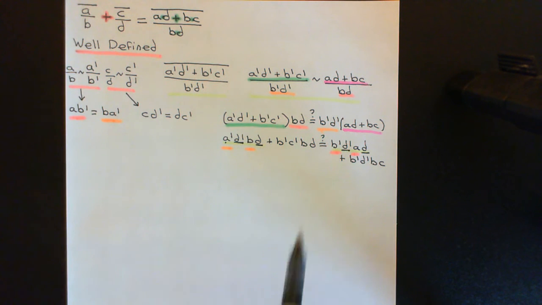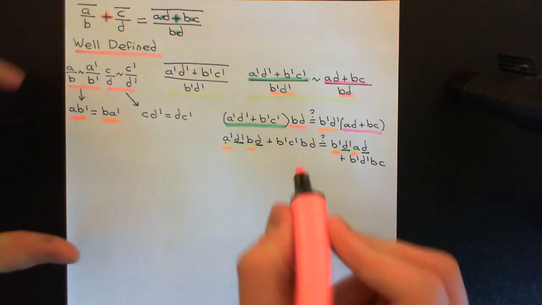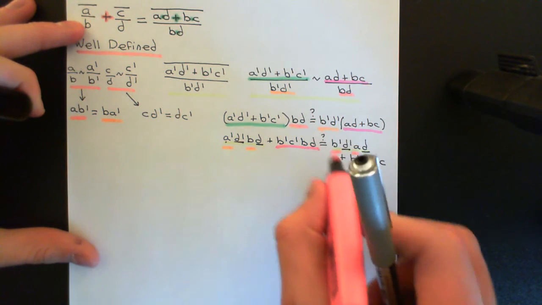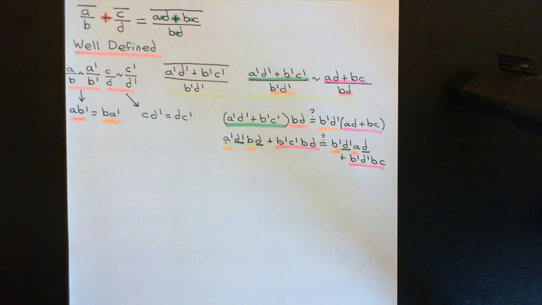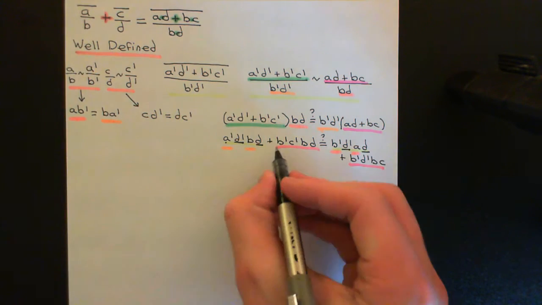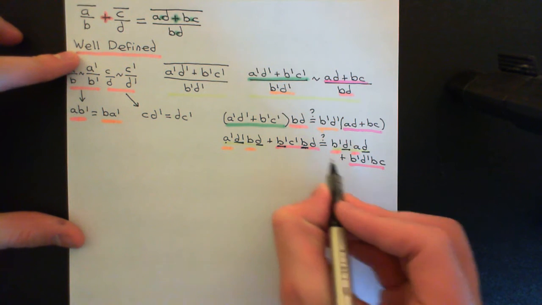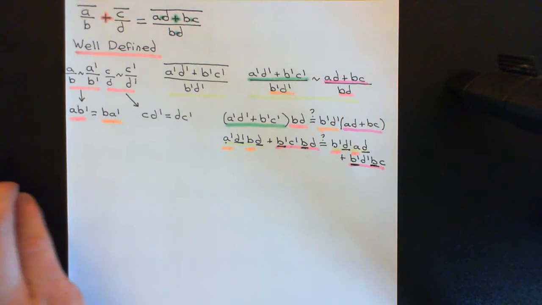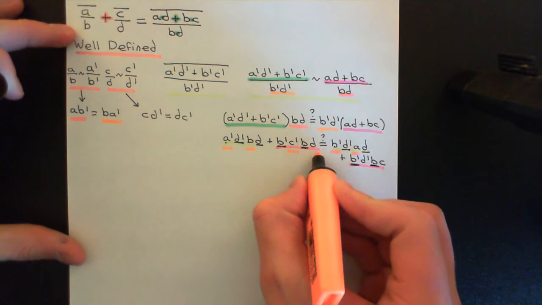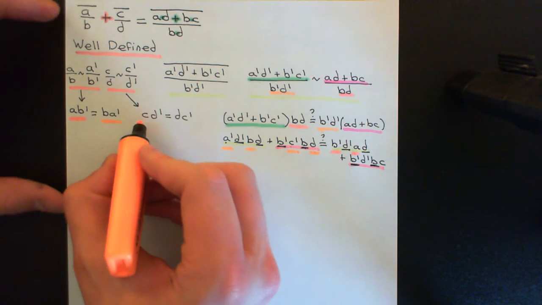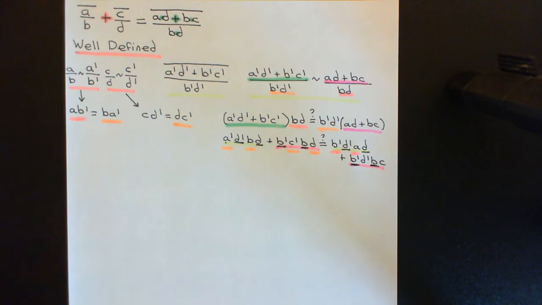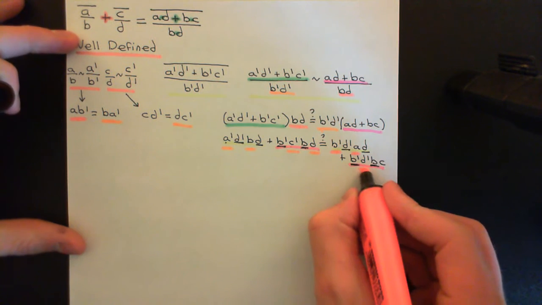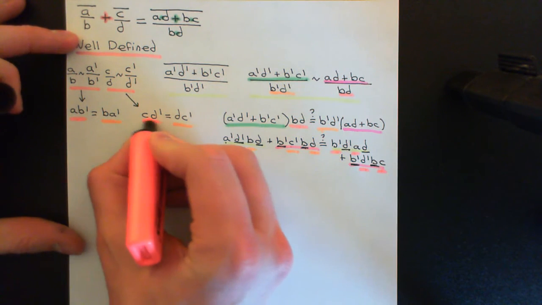Excellent. And now let's do the equivalent thing over here. So now let's look at, and I'll get a different colour rather than yellow again, let's look at this one here and compare it to this one here. So which bits do they have in common? They both have a B prime here and a B. Okay, so B prime and B over here. The difference now is that this one has the C prime D here, okay, which is this bit here, and this one has D prime C here, which is the same as this.